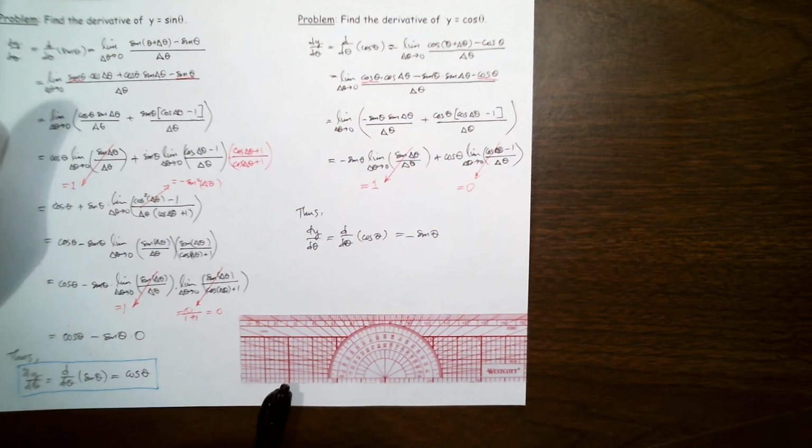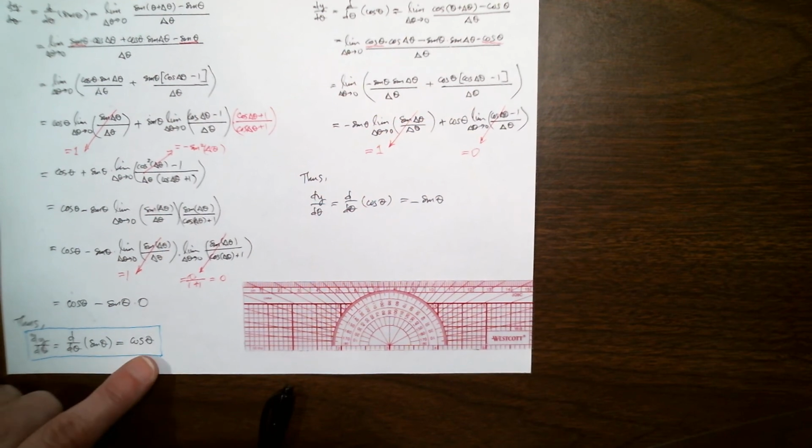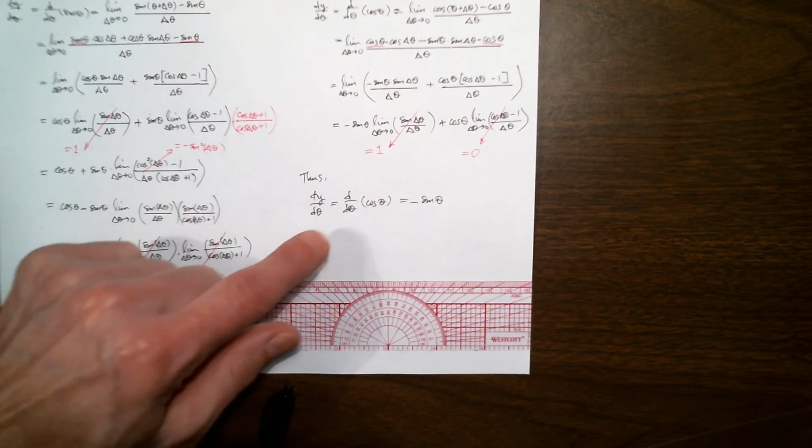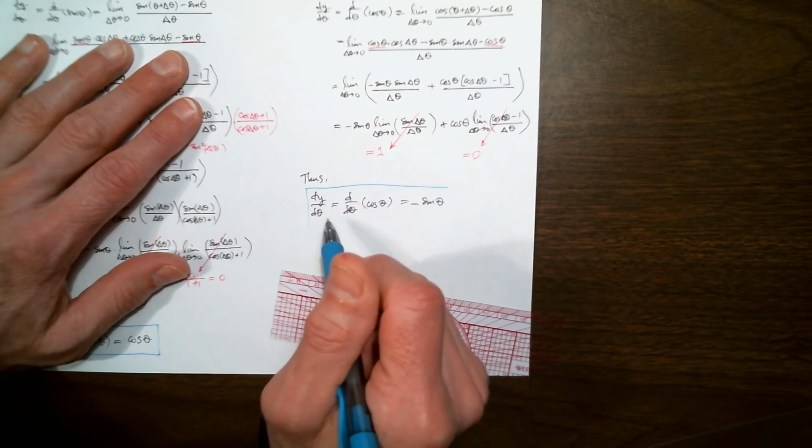So we found the derivative of the sine function to be positive cosine, and the derivative of the cosine of theta to be negative the sine of theta.